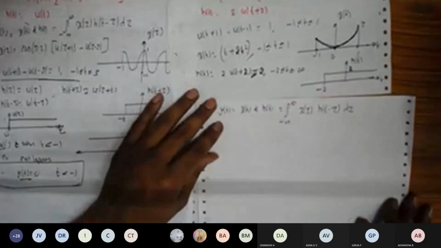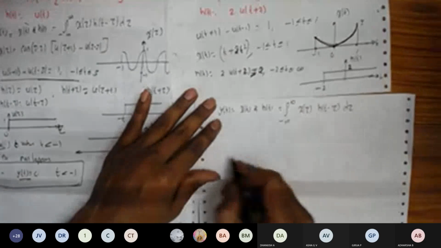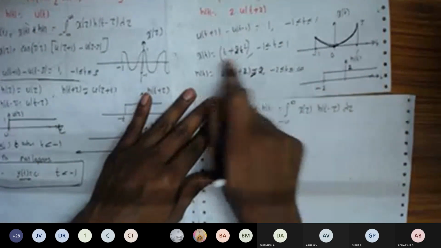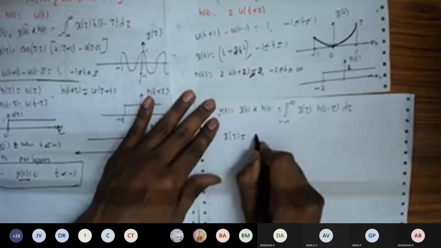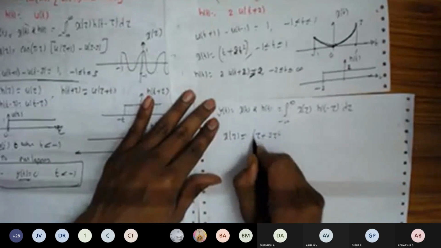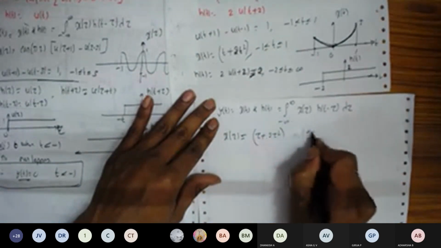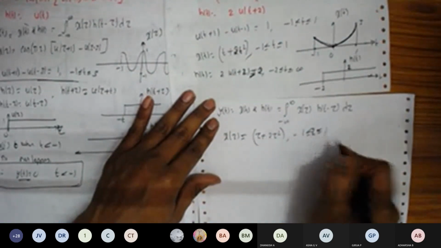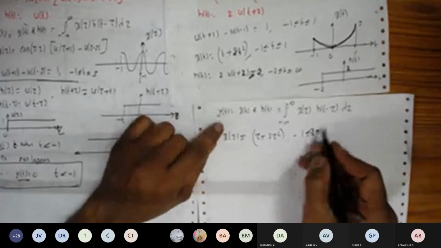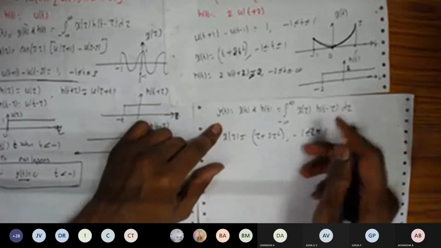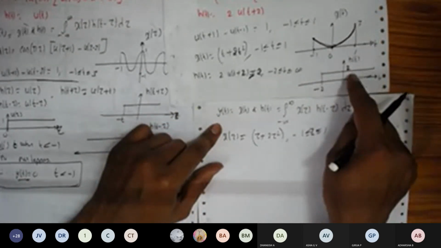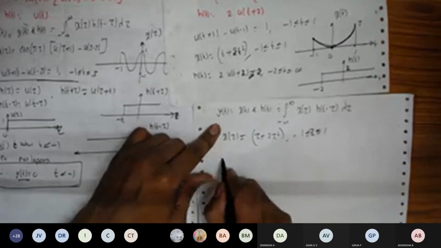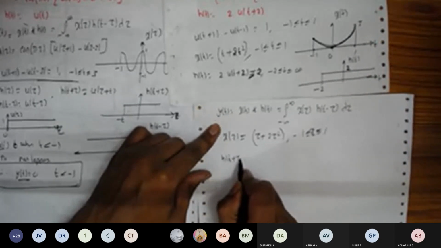We have x of tau, which is tau plus 2 tau square, for tau less than or equal to 1. And we want h of t minus tau. First let us plot h of t, already plotted here. Let us plot h of t plus tau.